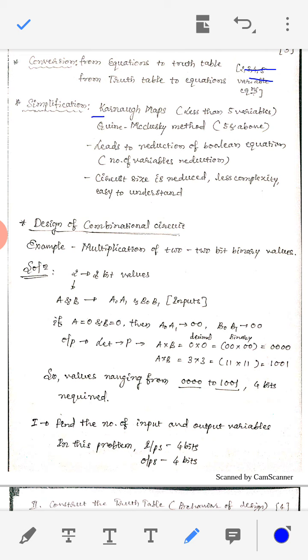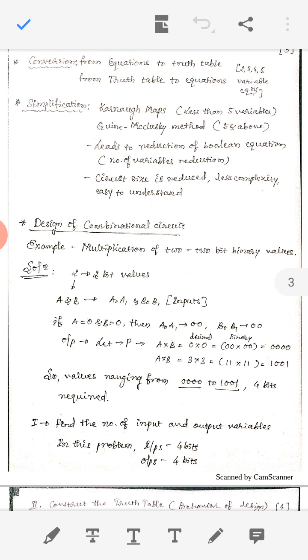For that we use two techniques: one is the Karnaugh map, and the other is the Quine-McCluskey method. Usually the Karnaugh map is used for 2, 3, 4 variables, and for 5 and above variables we use Quine-McCluskey. Depending on the variables we can choose. By doing the simplification, circuit size is reduced, with less complexity and easier to understand.